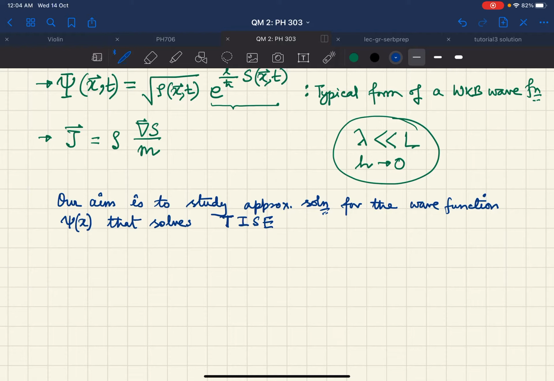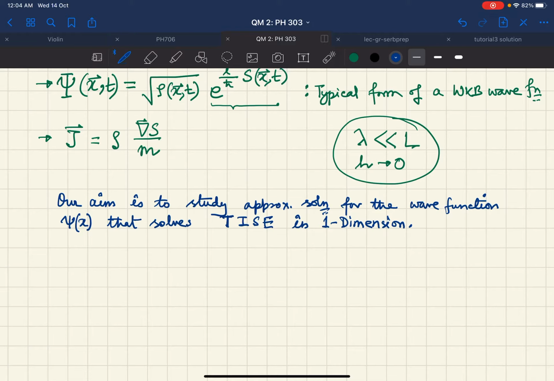TISE means time independent Schrodinger equation in one dimension. So we basically started everything in the most general form. Now I am saying that let us look at the problem where we are looking for the solution for the wave function psi of x, which solves the time independent Schrodinger equation in one dimension.